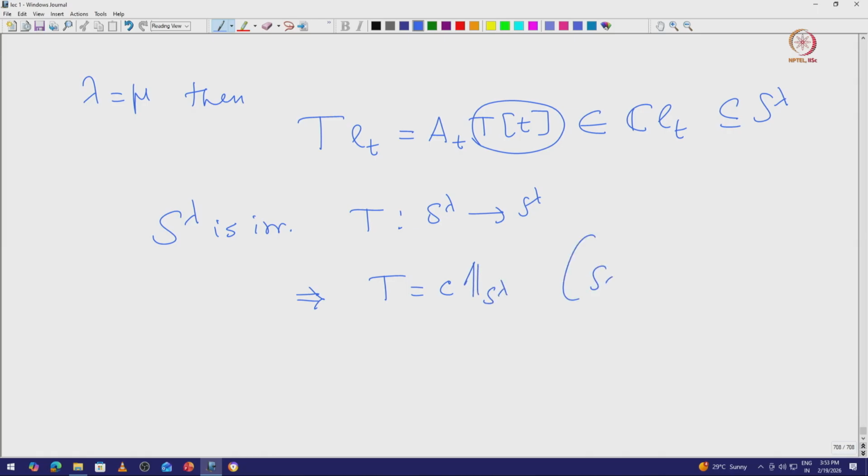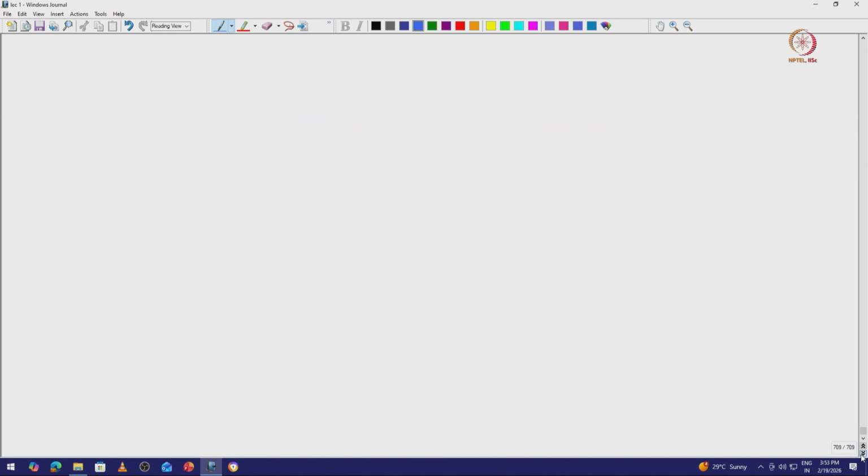That follows from Schur's lemma. So this concludes that T restricted to S lambda must be a scalar multiple of the identity map. Now let us use this to conclude something about the multiplicity of S lambda inside our M mu.